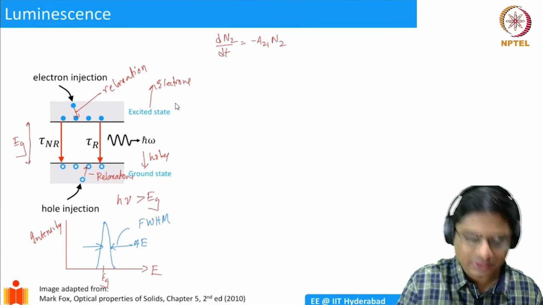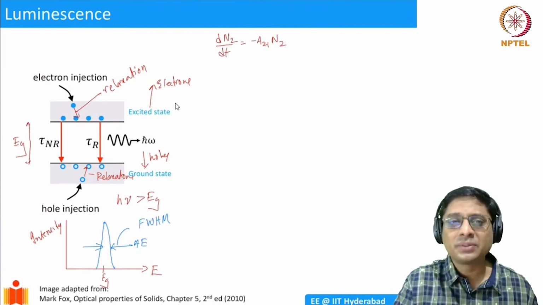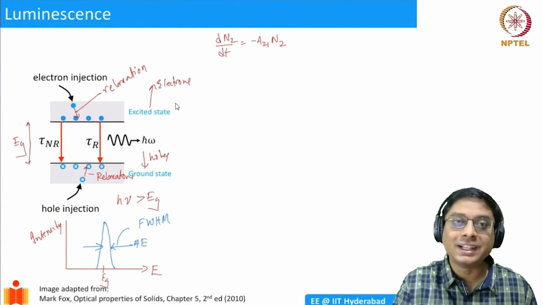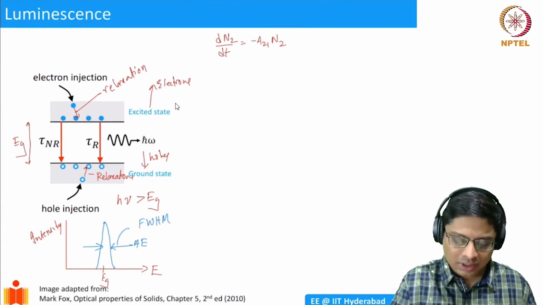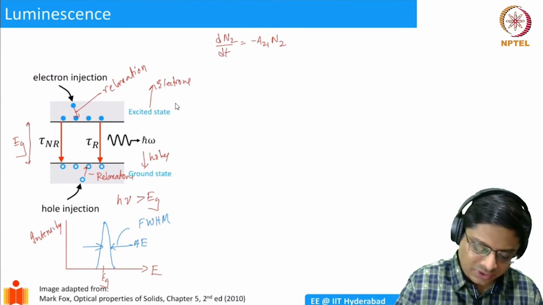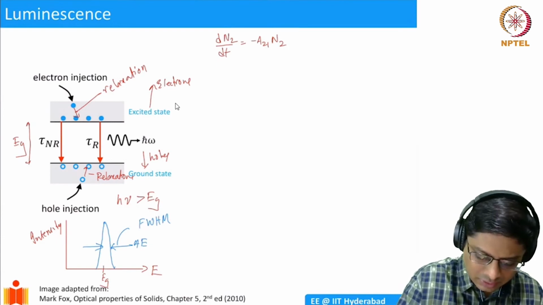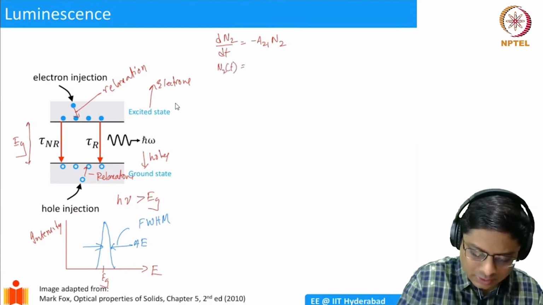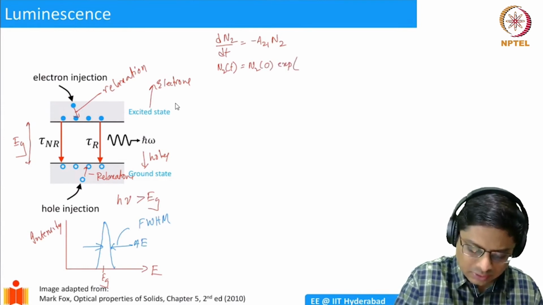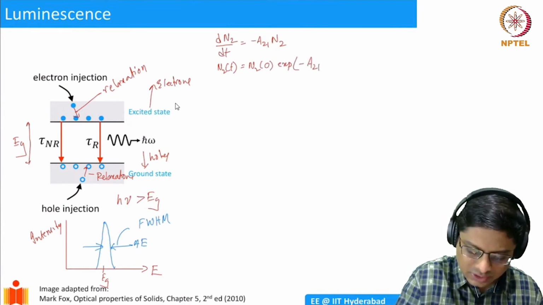So if you want to have stimulated emission, we have to create some necessary conditions for that, and we will talk about it later. Right now, simple spontaneous emission, because we want to talk about LEDs. So dN2/dt equals minus A21 N2. If you solve this equation, the solution turns out to be N2(t) equals N2(0) times exponential of minus A21 times t.